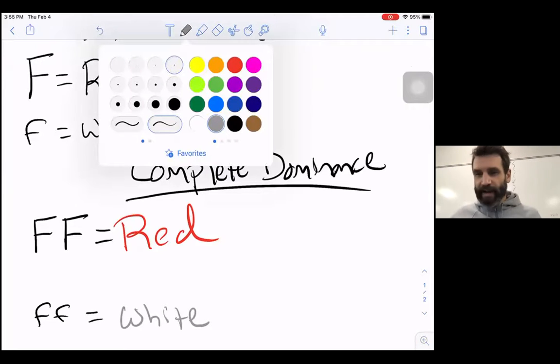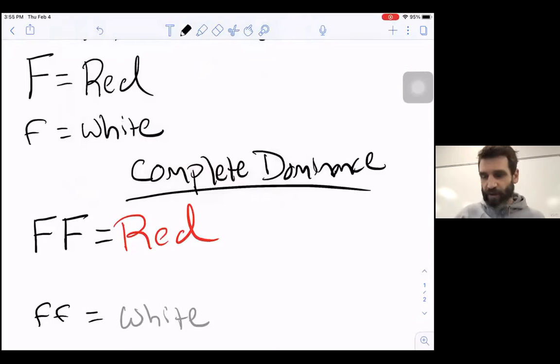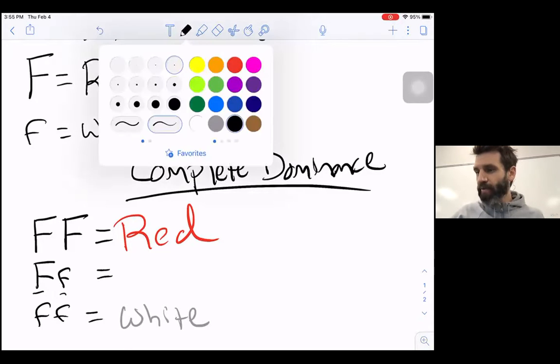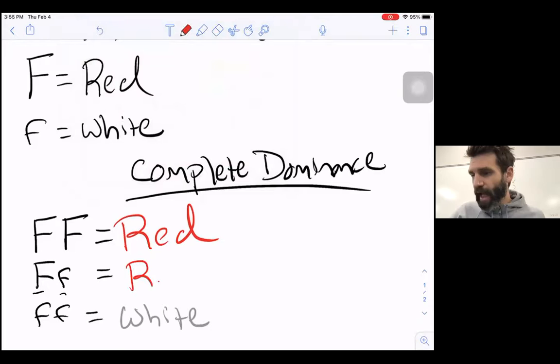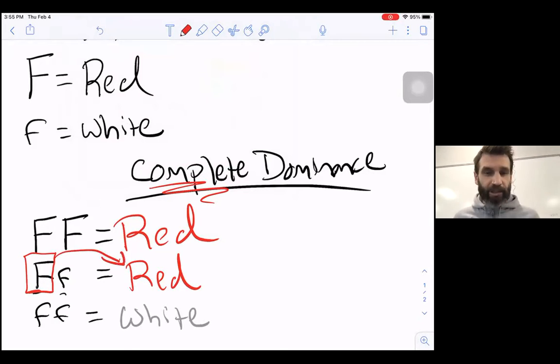And what was kind of new or interesting when we were learning about genetics in the first few days is that the heterozygote, one capital and one lowercase, would also have been red in the case of complete dominance, because it only takes one of the dominant traits to give the organism that trait.